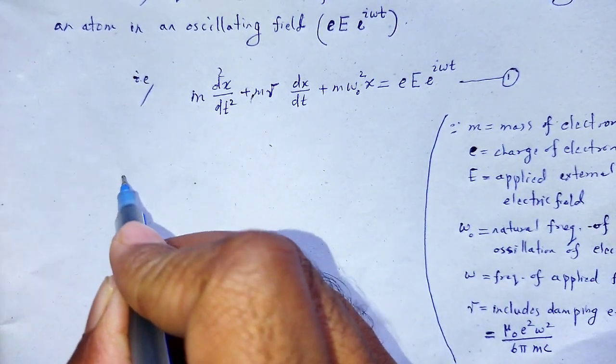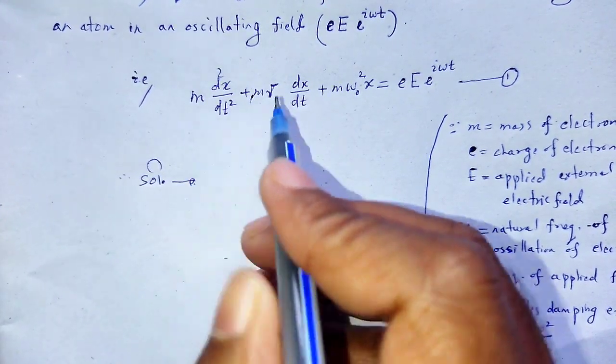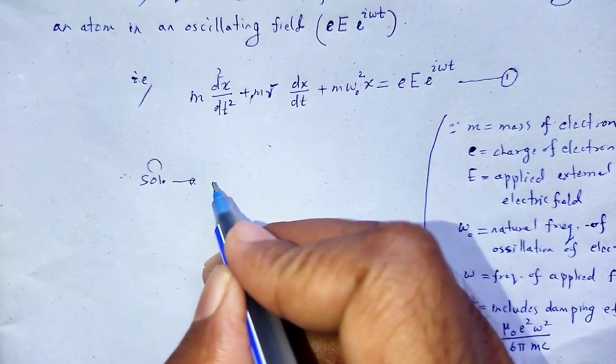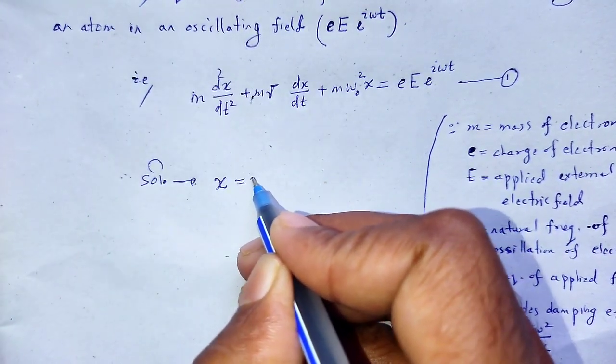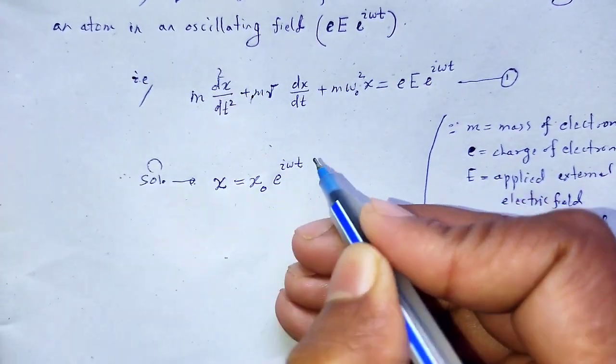Therefore, the solution of such a differential equation is x equal to x naught e to the power i omega t.